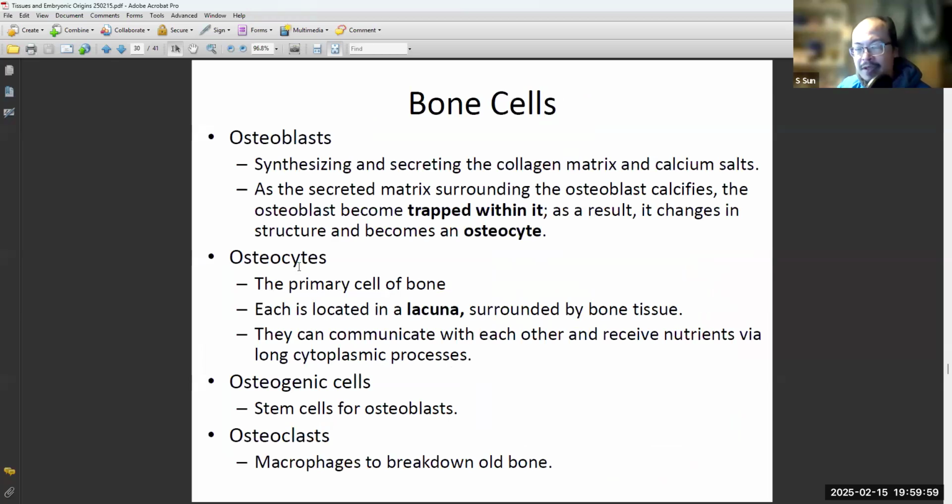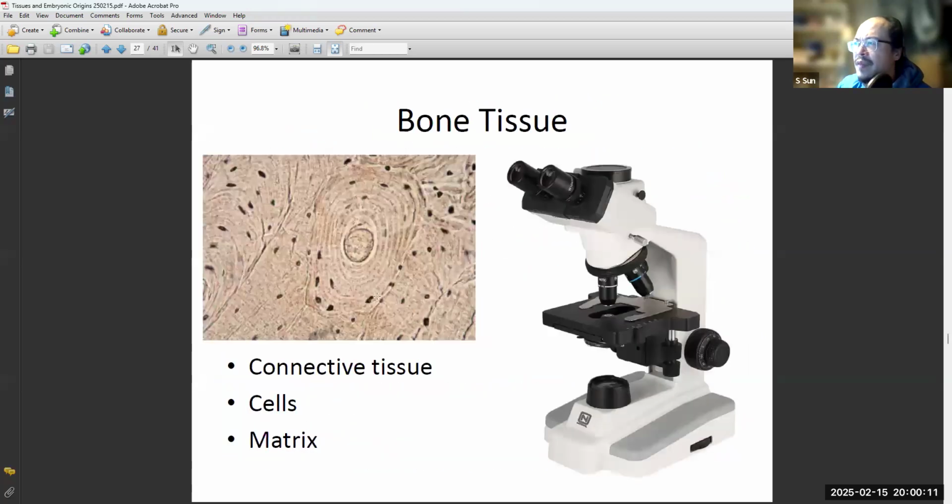They are the primary cells. They get stuck in that spot and cannot move around. That spot is called a lacuna. The cell sits in the lacuna like gel.